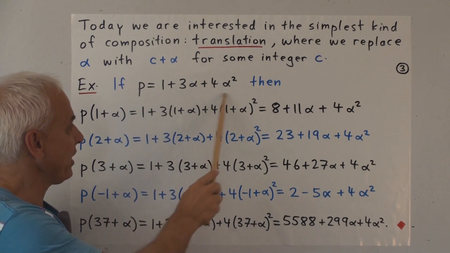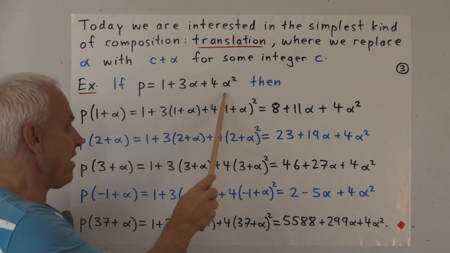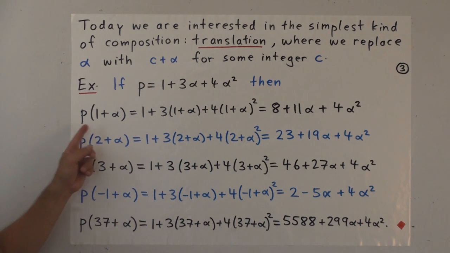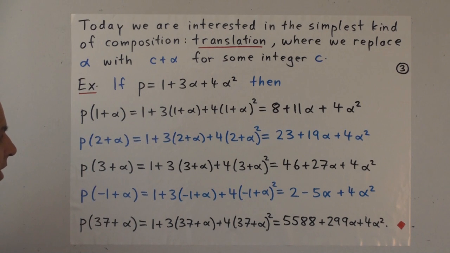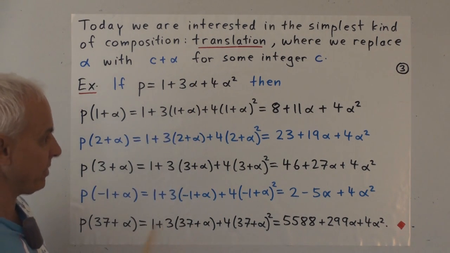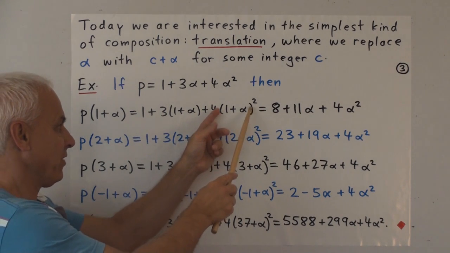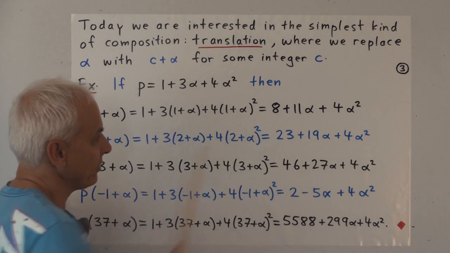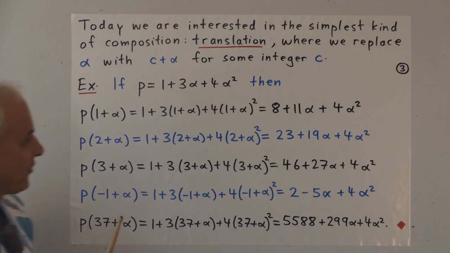So if we take our polynumber p equals 1 plus 3 alpha plus 4 alpha squared, then for example, p of 1 plus alpha, so the case when c happens to be equal to 1, well, you just replace alpha with alpha plus 1, or 1 plus alpha. Alpha squared is replaced with 1 plus alpha all squared, and then we expand this out. Let's just do it once.